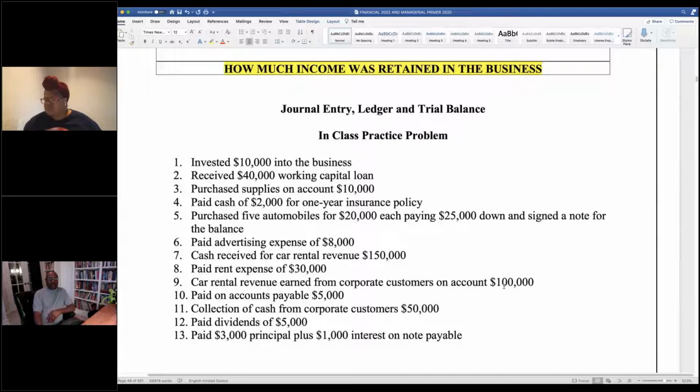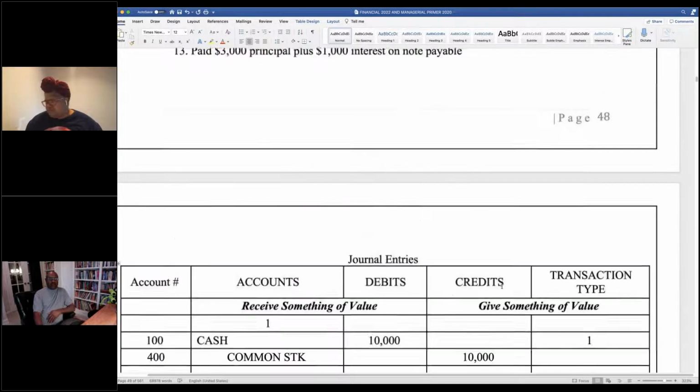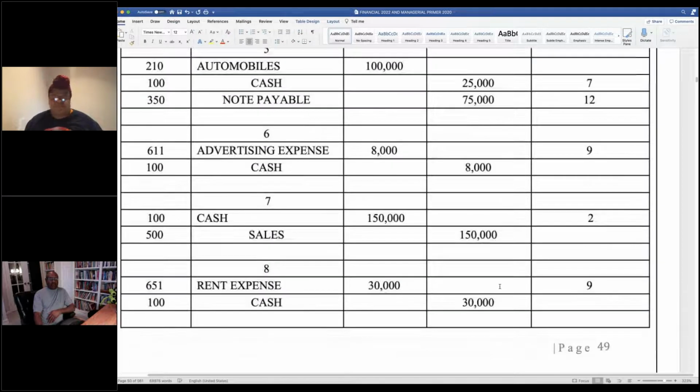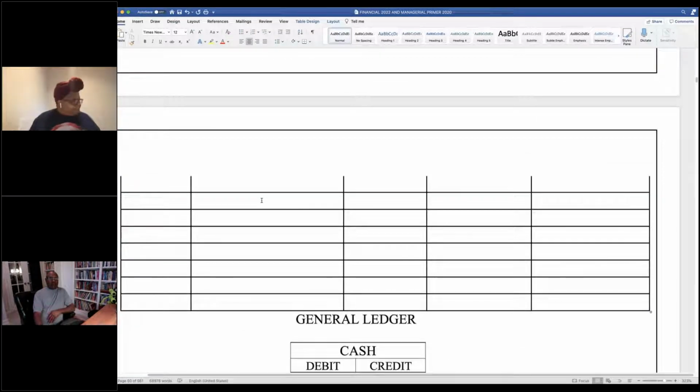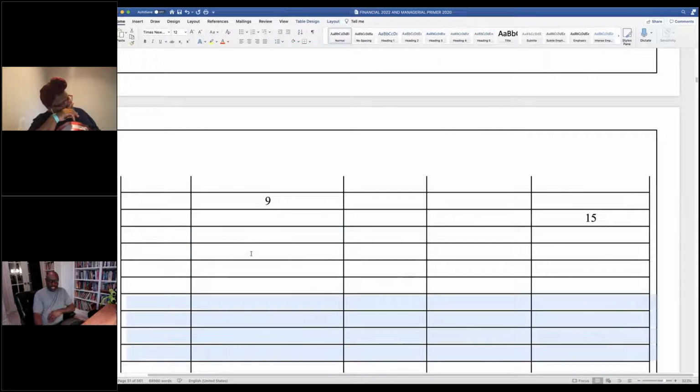So what type of transaction is this, number 9? 15. What does 15 say? Sell on accounts receivable. So that's when we're selling on account.